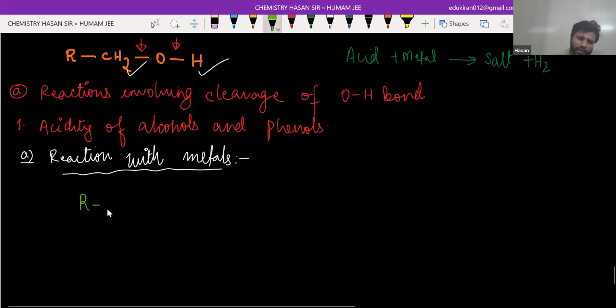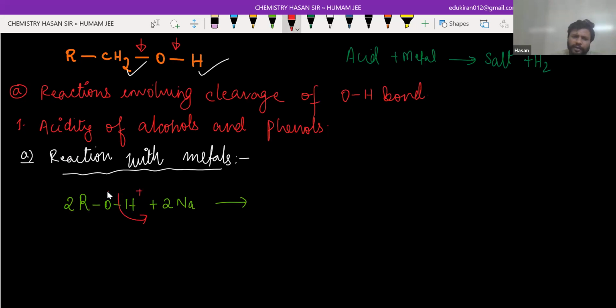If alcohol is here, and you are going to react this with Na, I'm going to take 2 moles only to balance it. What will happen? Since it is an acid, it will go positive and there will be negative, and this sodium will be going to this. So it becomes 2RO negative Na positive. In the solution, sodium will lose its electron, so it becomes Na positive, and this will be H plus. 2 moles of H plus will be converting into H2.